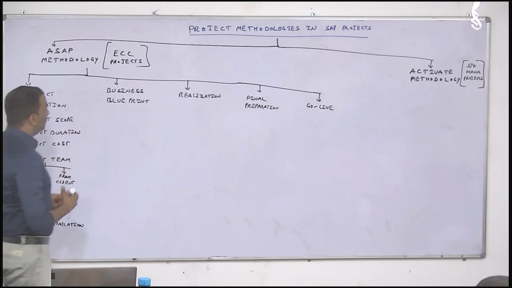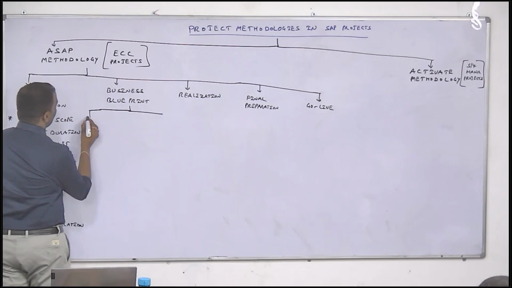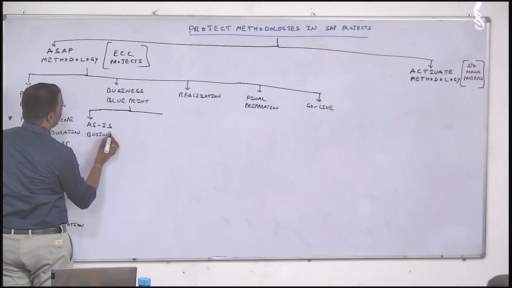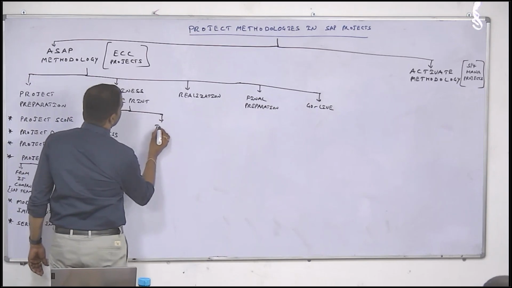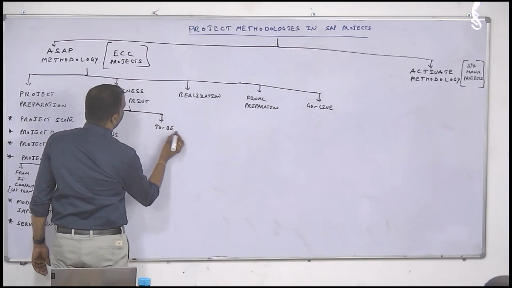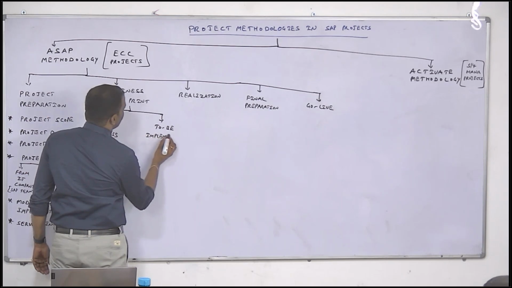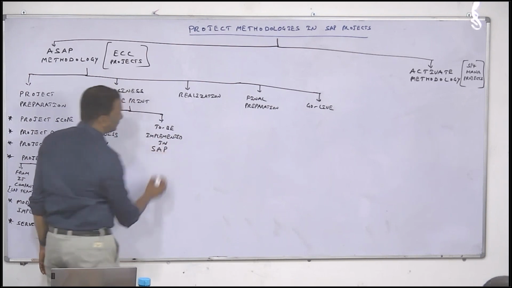Business blueprint. In this business blueprint, we have two phases. One is as-is business study. The second one is to-be, implemented in SAP.